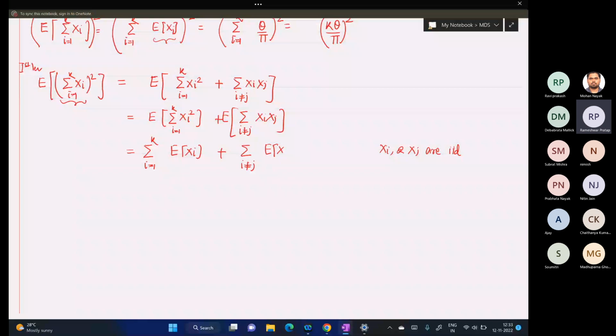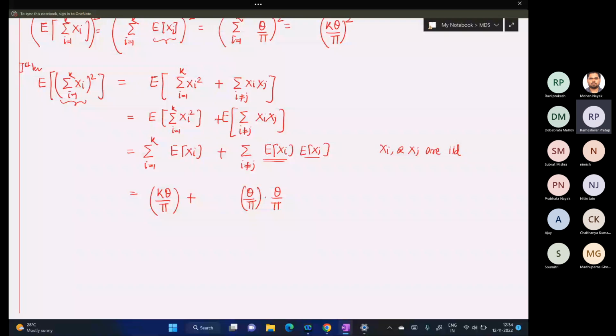Okay, so now we'll put in the values. E of xi is theta by pi, and we are summing it up k times, so it will be k theta upon pi. And this is i not equal to j. So for this we have again theta by pi, and for this we have theta by pi.